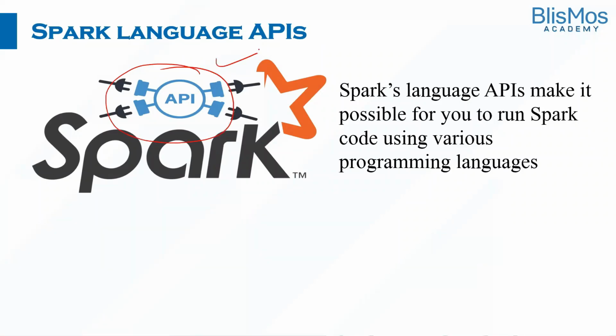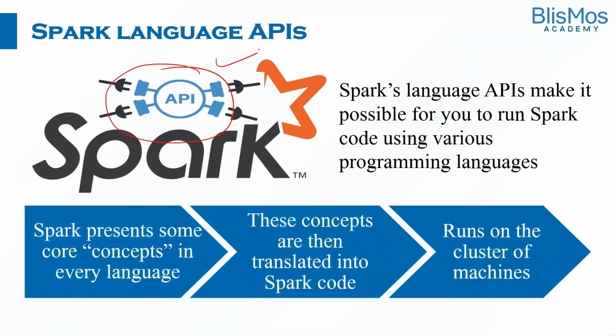For each of the languages, there are core concepts. Let us say you have Python code. If you write it in Spark, there is a core concept to convert the Python code into Spark code. The same is the case with Java code and R code.